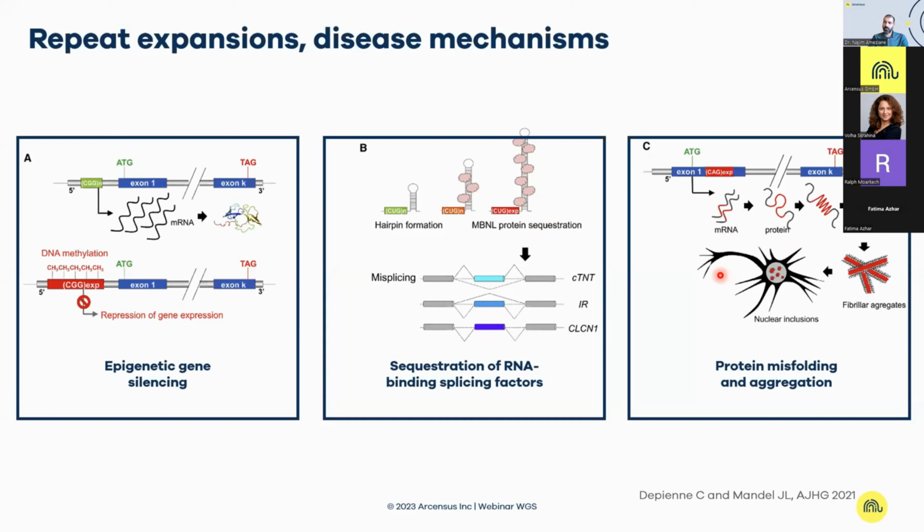And due to this expansion of the poly-Q or poly-A, you would have a different conformation of the protein, and this misfolding would result in aggregates that eventually cause miscommunication, in most of the cases in neuronal cells.